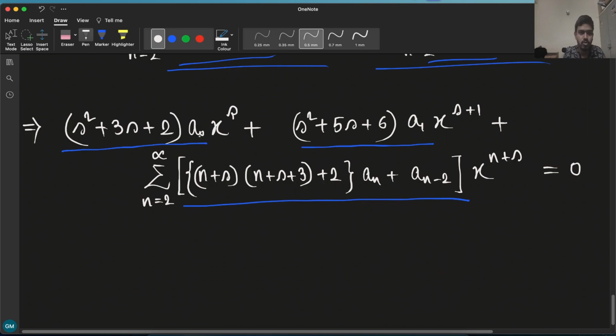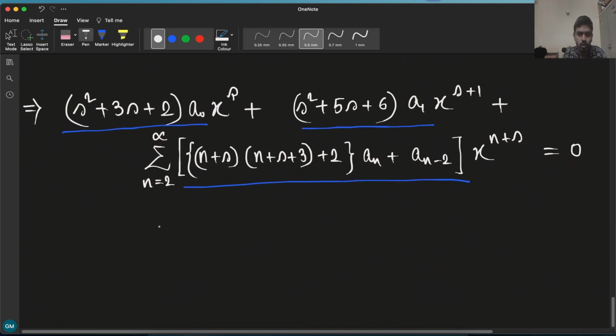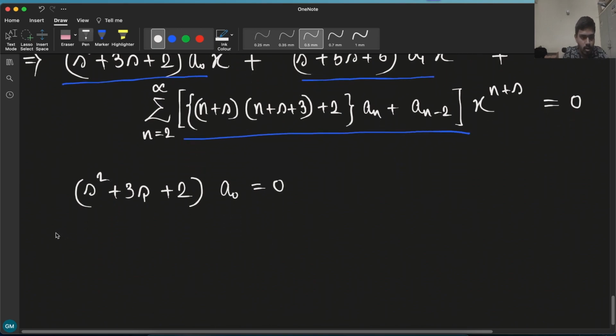First make the coefficient of x to the power s equal to 0. If I do that, s square plus 3s plus 2 times a_0 equals 0. For the time being I am assuming a_0 is not equal to 0.